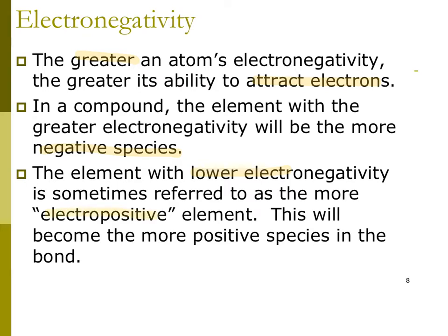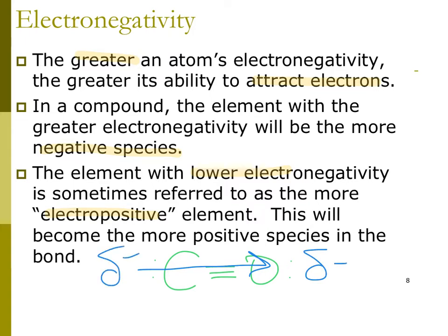And so we would call that the electropositive side of the molecule. Carbon monoxide is a great example. Oxygen is more electronegative than carbon, so the oxygen side of carbon monoxide would be partially negative, and the carbon side would be partially positive.